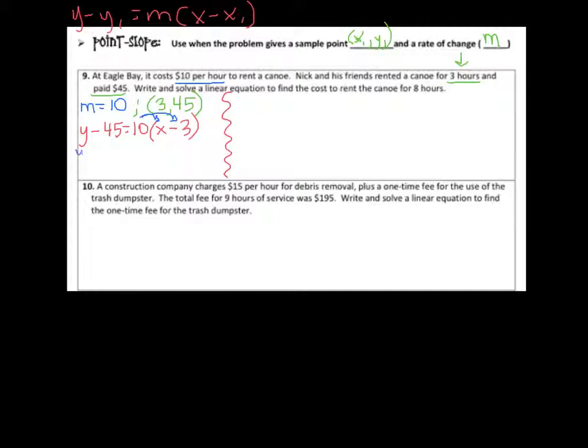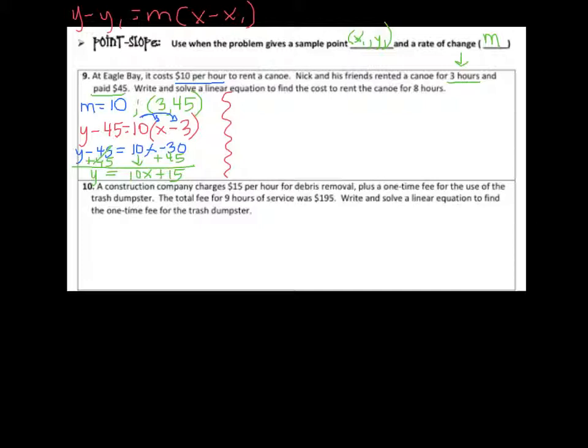So that gives me y minus 45 equals 10x minus 30. Then I'm going to move the 45 to the other side by adding. And when I do that, I'm going to get that y is equal to 10x plus 15.